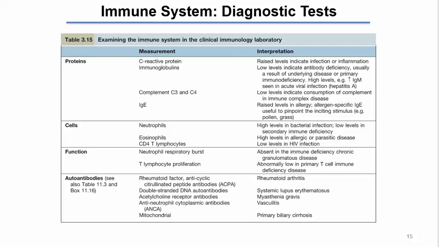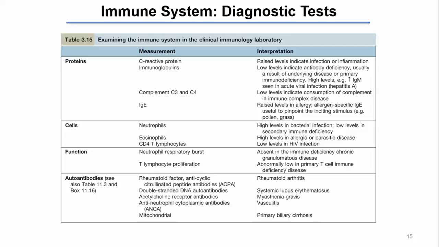So we look at these autoantibodies, the antibodies that are mistakenly going after your own self, and the different types are implicated in different autoimmune diseases. So, for instance, myasthenia gravis has antibodies that are made against the acetylcholine receptors at the neuromuscular synapse, and it causes muscle weakness because those receptors get removed.